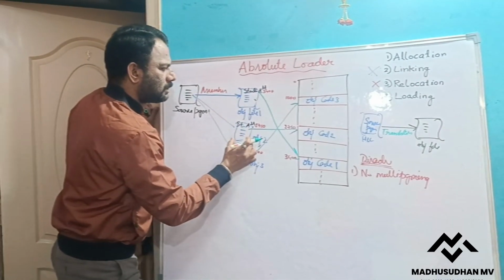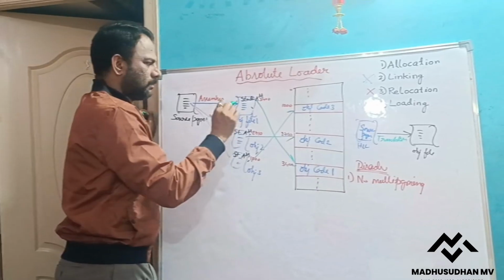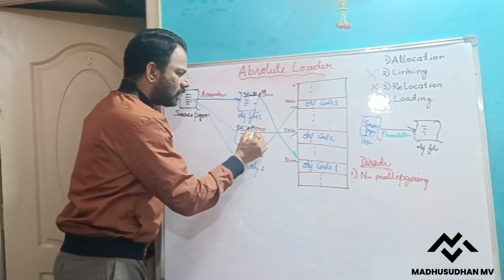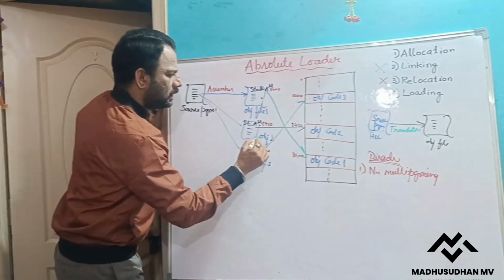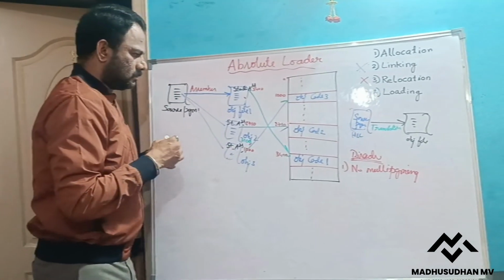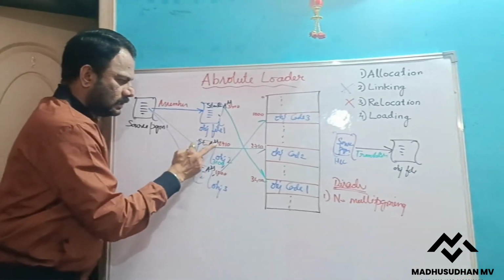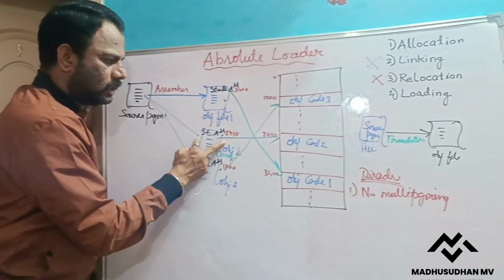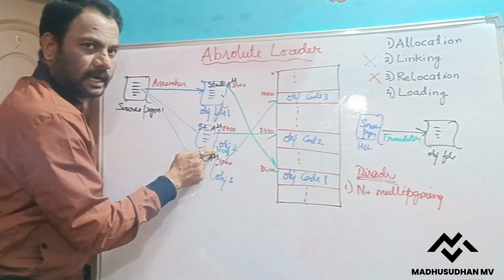Now assume it will take another, some 700 bytes, and now it will run. Earlier, assume object code 2 is running from 2710 up to 3100.